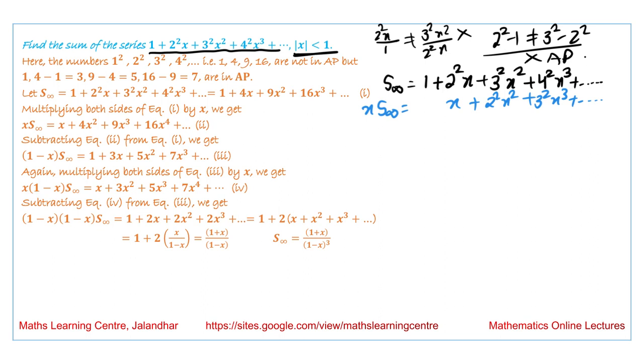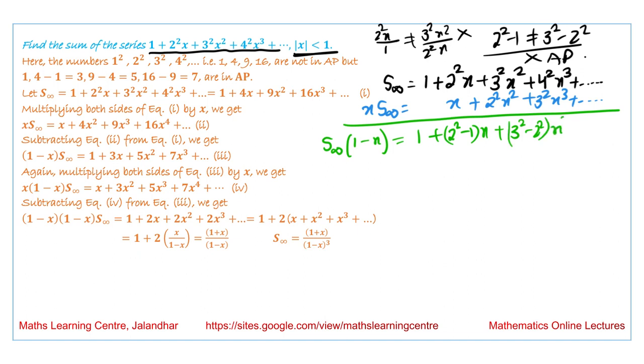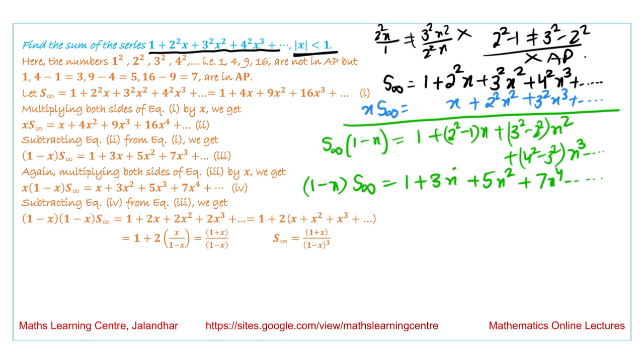Now if we subtract both these equations, we obtain S infinity (1 − x) is equal to 1 + (2² − 1)x + (3² − 2²)x² + (4² − 3²)x³ and so on. So if we write the terms over here, we get (1 − x) S infinity is equal to 1 + 3x + 5x² + 7x⁴ and so on.